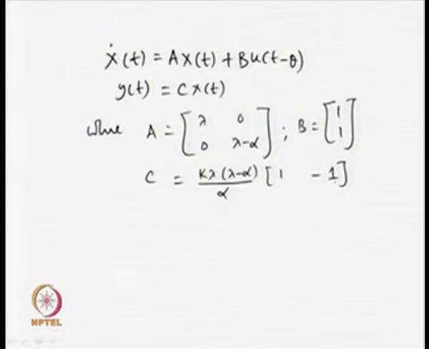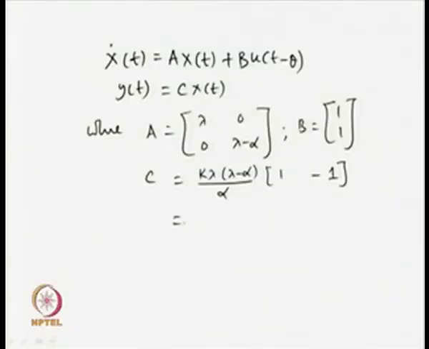Allow me to write the C in some other form now. I will simplify the C. Now, C can also be extended to the form of k lambda minus alpha by alpha, minus k lambda minus alpha by alpha.